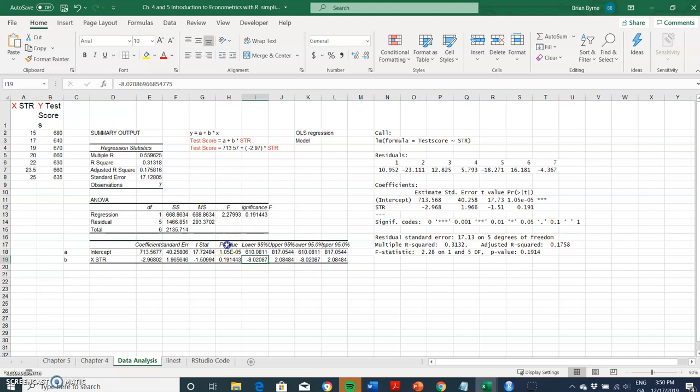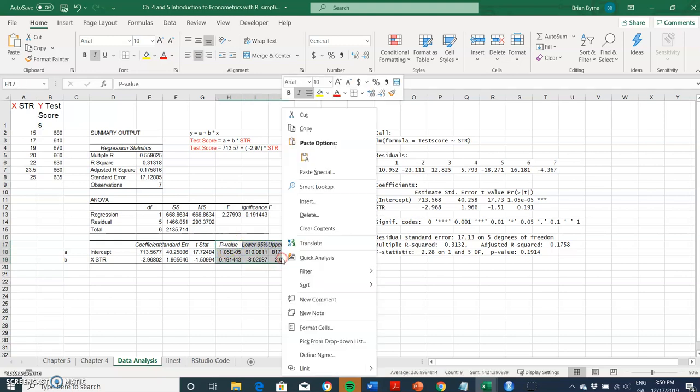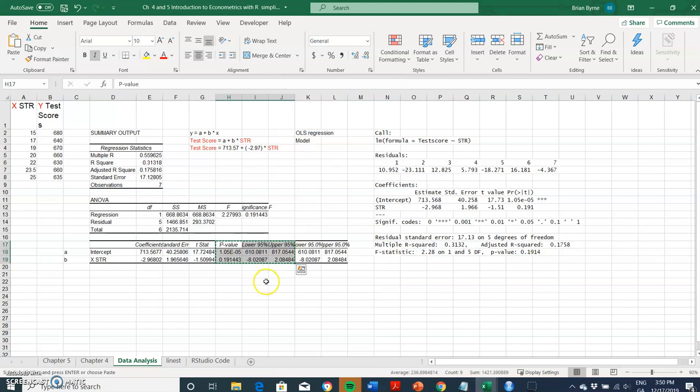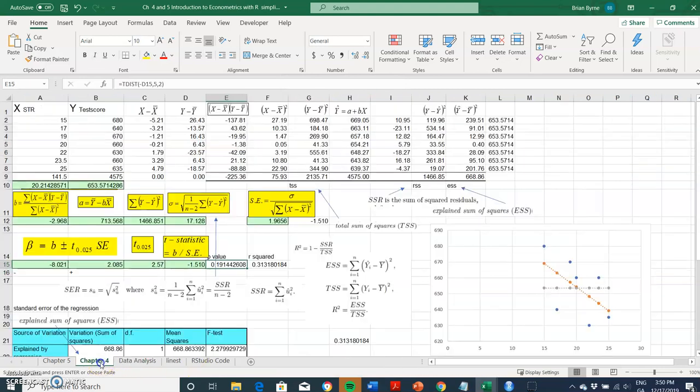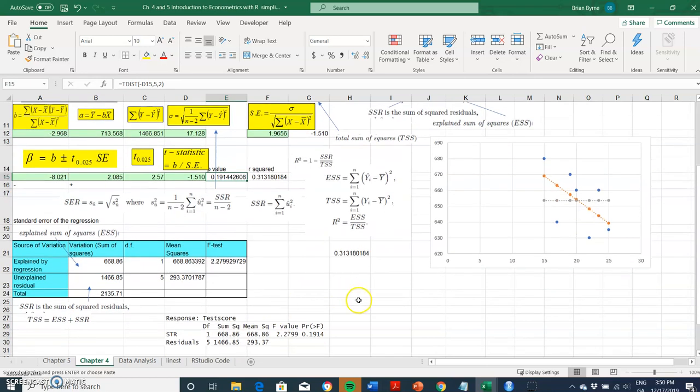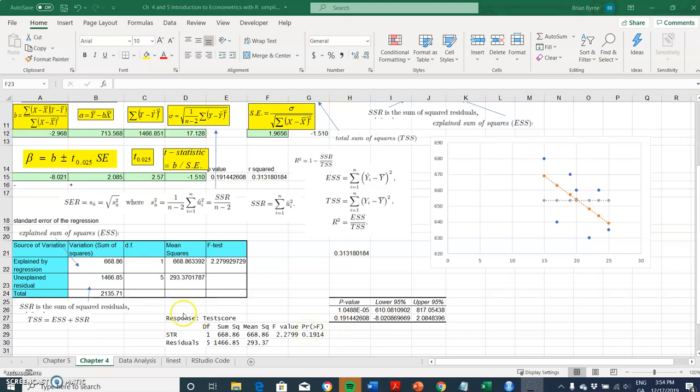Notice also, if we take these values and just look at the upper and lower bounds that we have obtained in the data analysis in Excel, if we paste these values here and just observe the t-statistic, the p-value is the same, right? 0.19144, and that was also shown to be consistent with the f value when we ran the ANOVA analysis in R, and we also got the p-value for the f value.